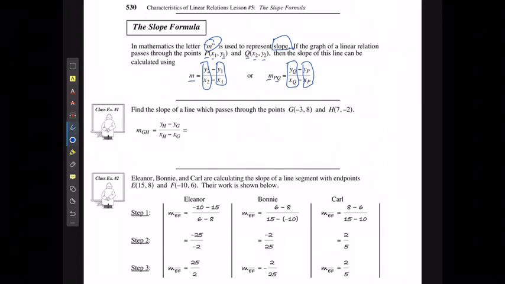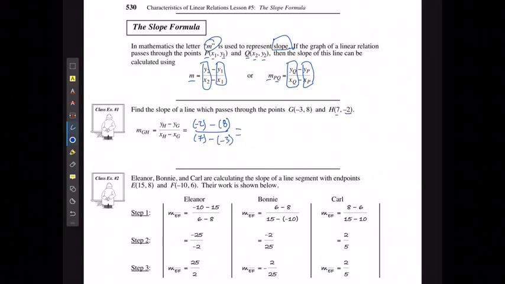So, if I'm finding the slope of the line segment which passes through points G and H, then it's going to be the y value at H, negative 2, minus the y value at G, which is 8, over the x value at H, which is 7, minus the x value at G, which is negative 3.